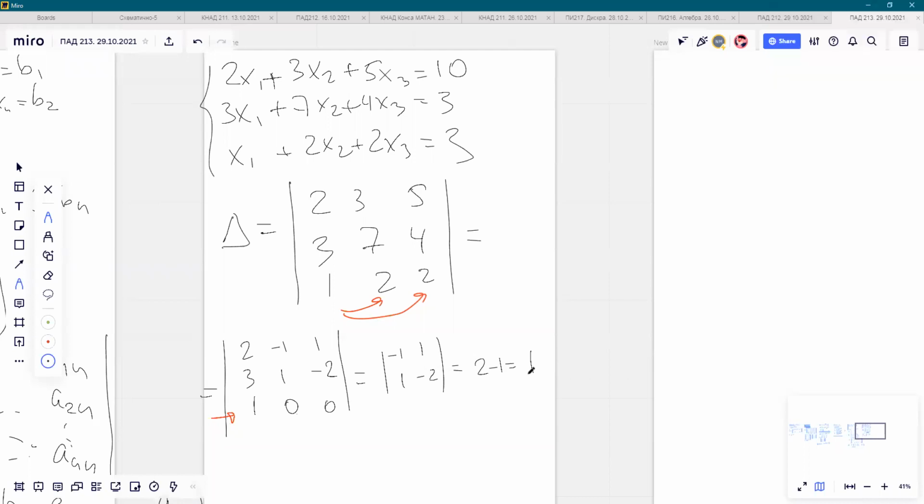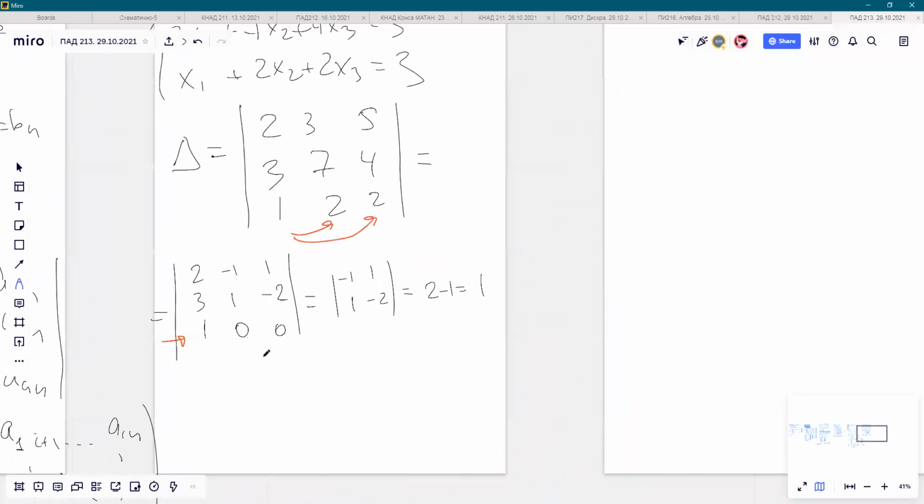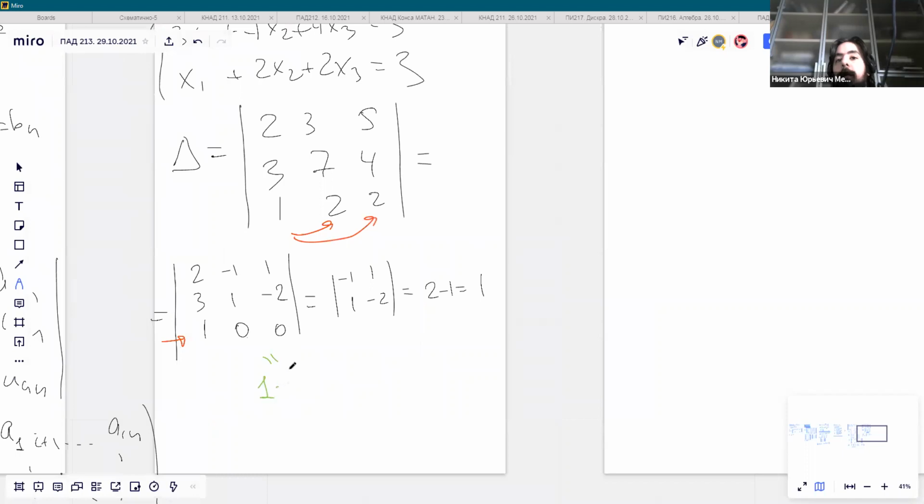Could you again explain this method with expanding by a row? Okay, so once again, when I expand the determinant, there is a formula that says that the result is as follows. For each element in this row, I consider this element that is 1, 0, 0.